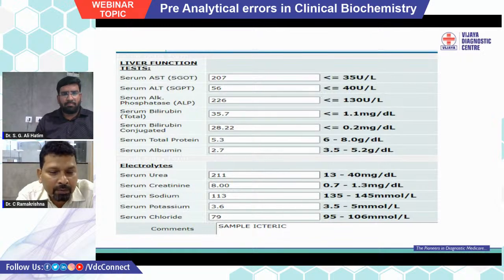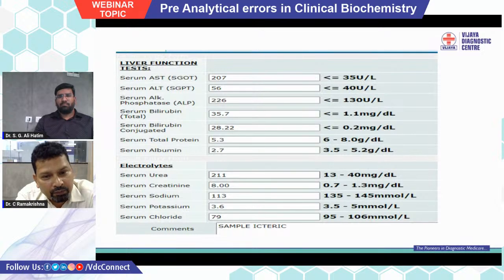First, you need to look at the sample. If it is icteric or has any other abnormality, then you need to ask for the history. If it doesn't correlate clinically and if the sample is icteric, then I'm afraid you need to ask for a repeat sample.